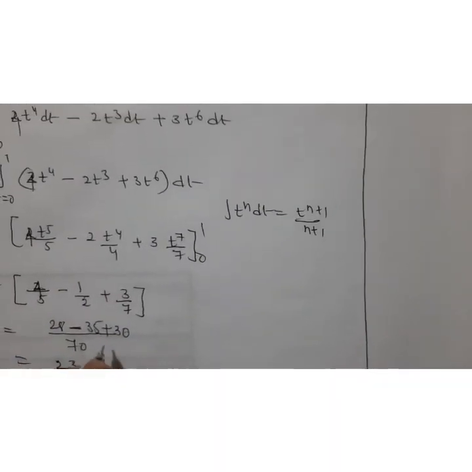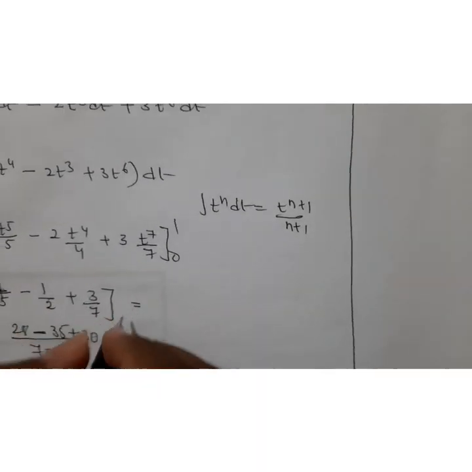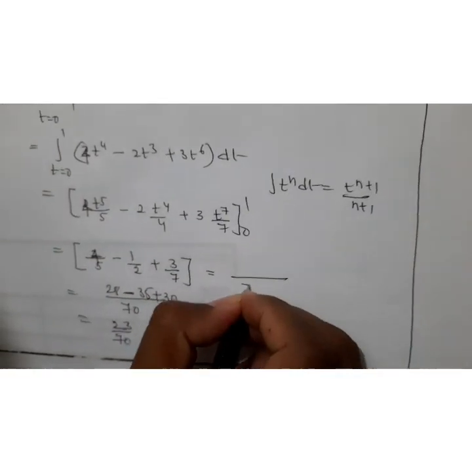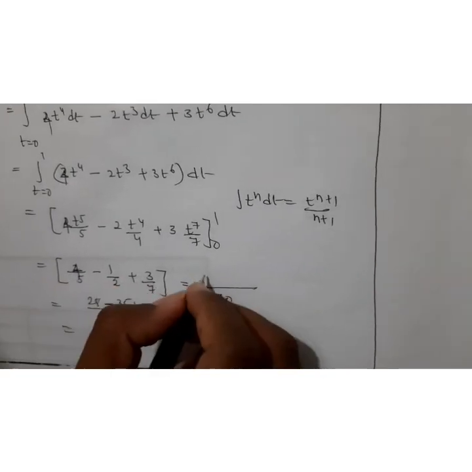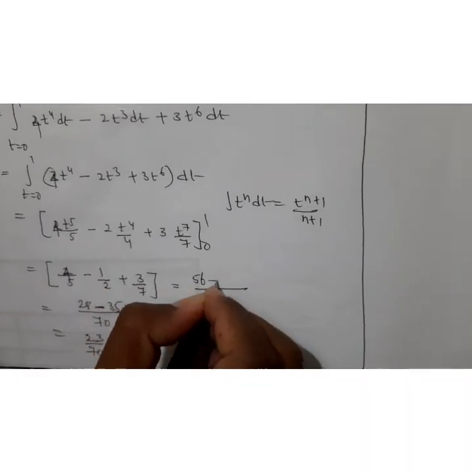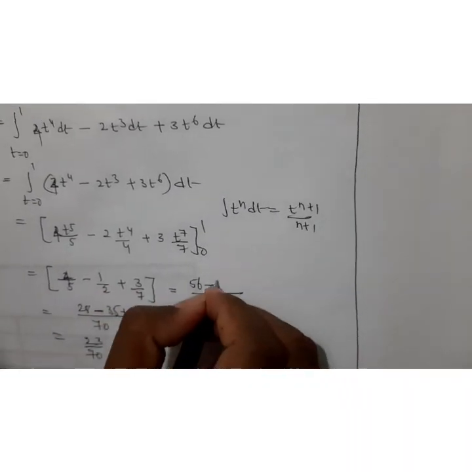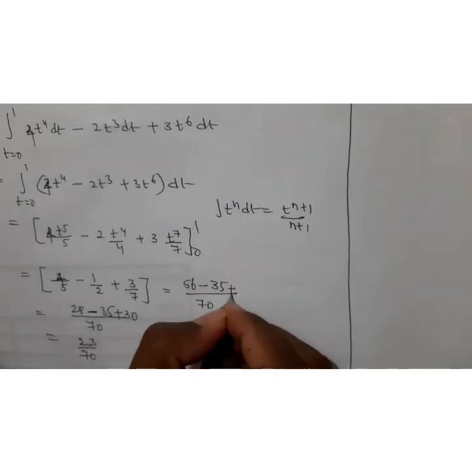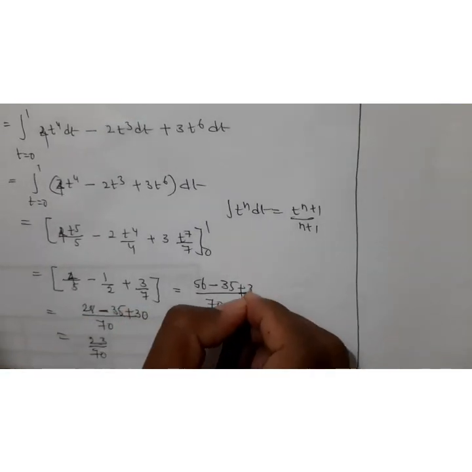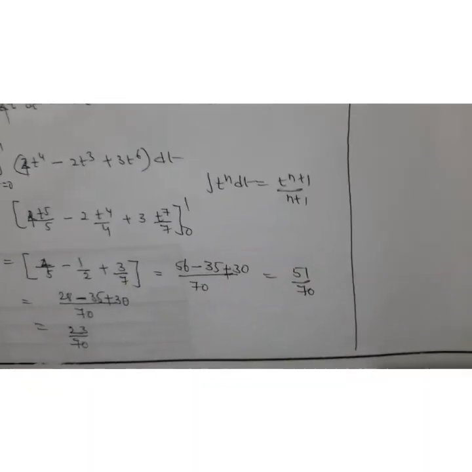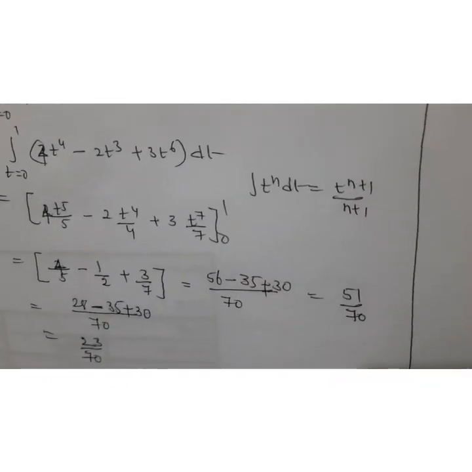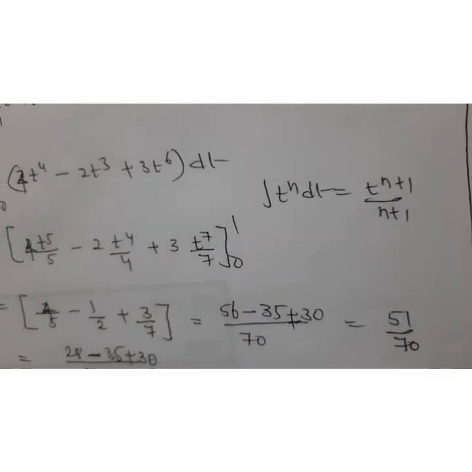Next, we take the LCM as 70. 14 times 4 is 56, minus 35, plus 30, that is equal to 51 by 70. That is the answer.